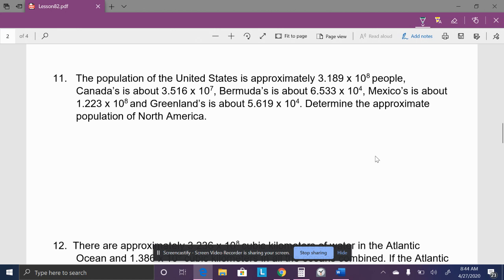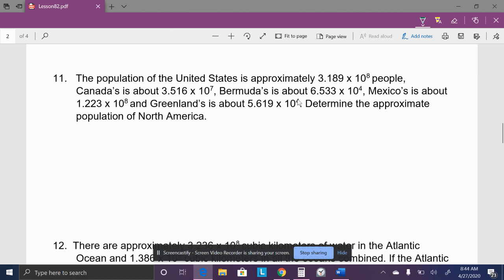Okay. So it looks like we have to add all those numbers together and we have to adjust them all to get them in scientific notation. Okay. Man, okay. Here we go. So we have a power of 8 here, 7, 4, 8, 4.